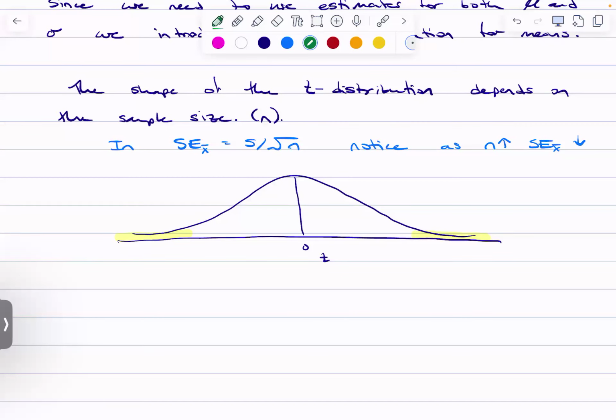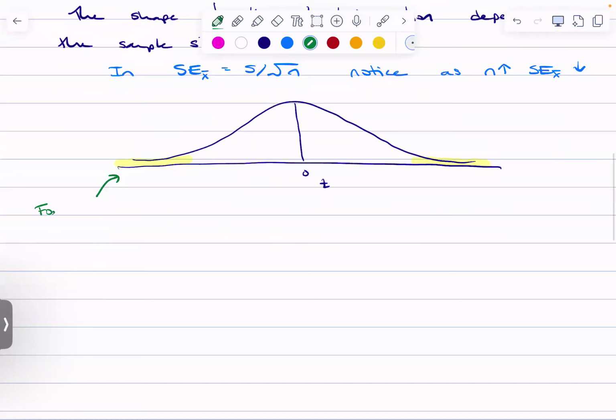But so here, for small sample sizes, there is more area in the tails, I guess I should say.